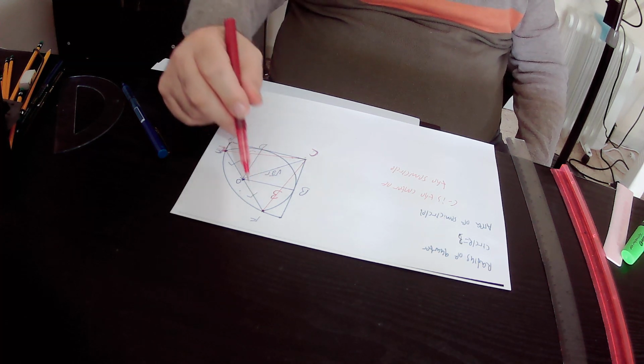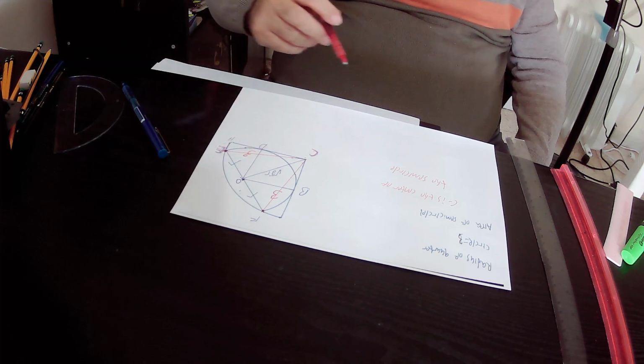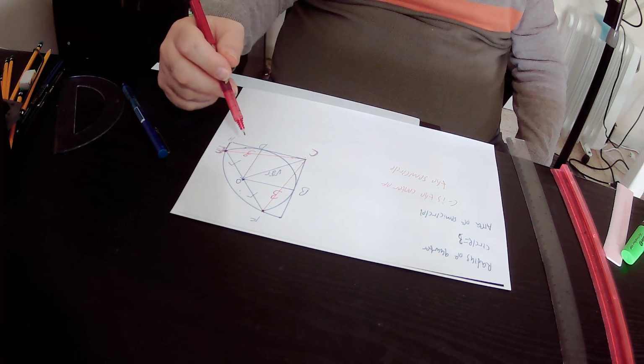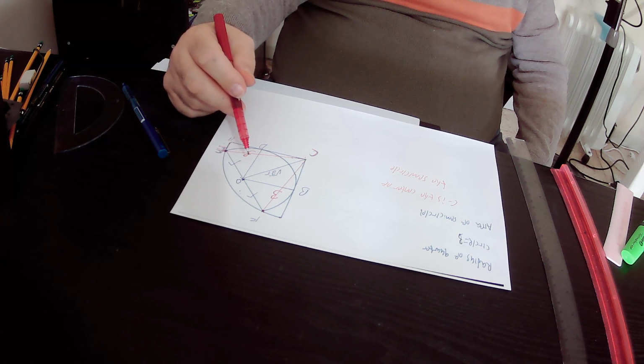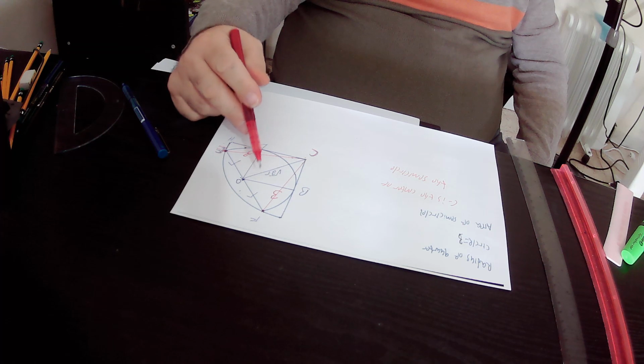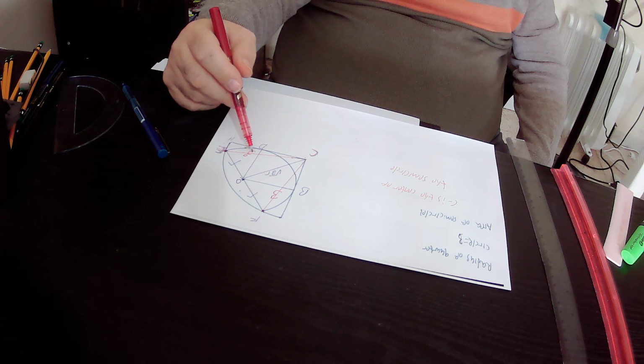That is to say, FO equals OE equals r. For that reason, CO is the median to the base FE. So I will copy the isosceles triangle FCE in a new page, and we will analyze this isosceles triangle.